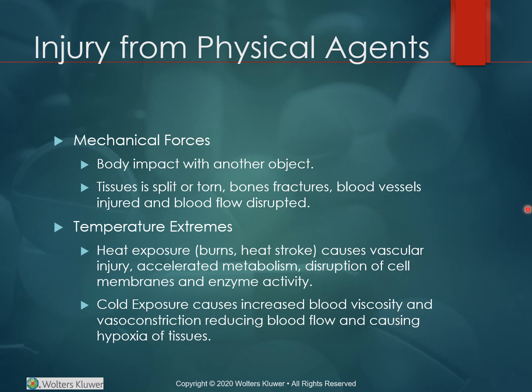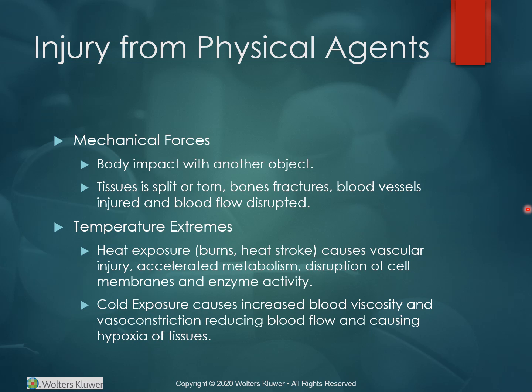Temperature extremes can also cause injury. So things like heat exposure, so things like burns or extreme heat stroke, they cause vascular injury. They speed up the metabolism of the cells themselves. That sped up metabolism does things like massively increasing the amount of energy production needed, uses up all of our oxygen supply to those cells.